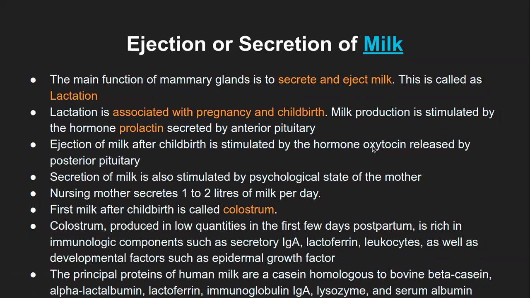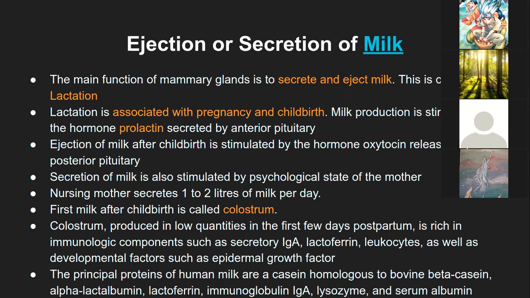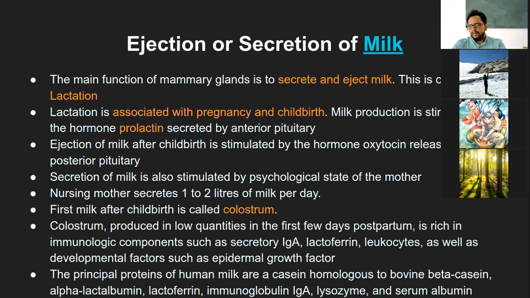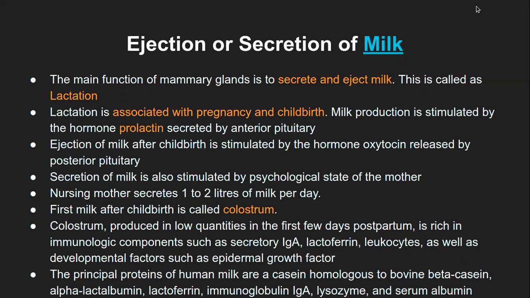The posterior pituitary gland will secrete oxytocin, and only then will the milk ejection start happening, while the production is controlled by prolactin. These are the two important hormones which function during the lactation phase.